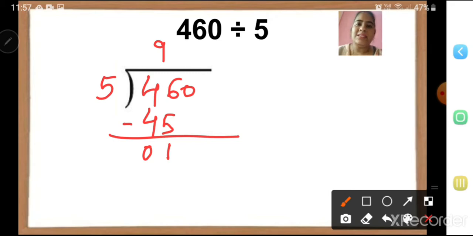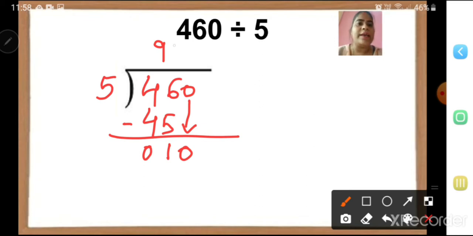Children, now next step is very important because here we have 0. This 0 we have to put it down, otherwise we will get a wrong answer. Now it became 10. In 5's table 10 will go? Yes. Correct? 5 what's are 10? 5 2s are 10.